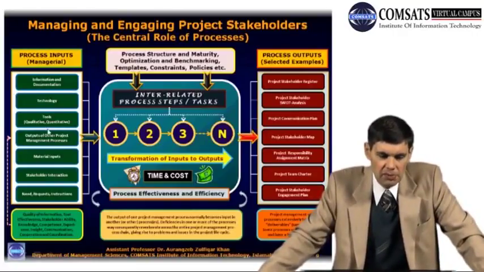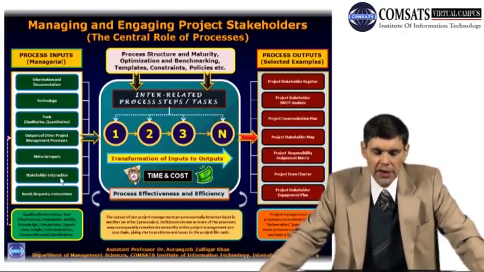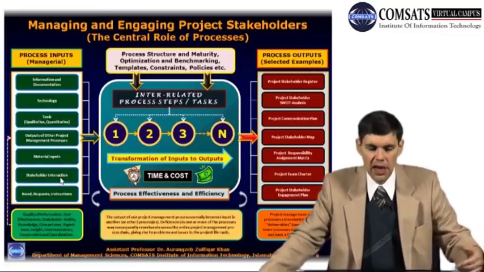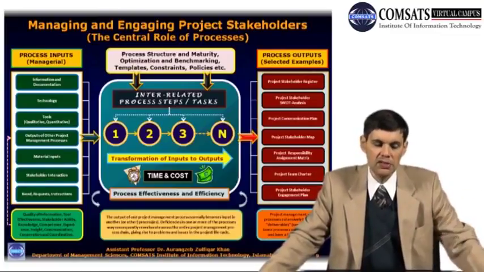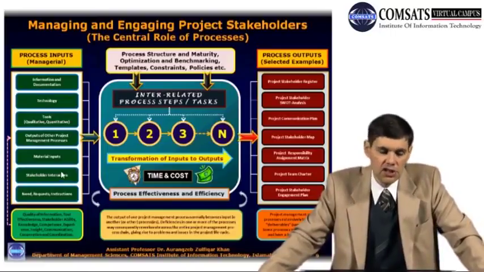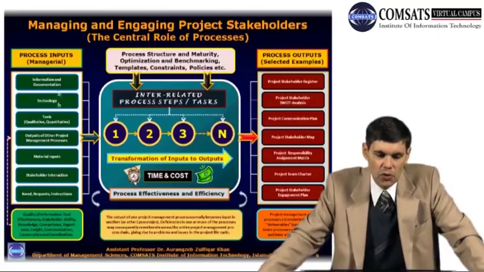All kinds of inputs, material inputs, stakeholder interaction, communication, exchange of insights, exchange of ideas, exchange of knowledge, as well as needs, requests, instructions by maybe clients, by managers, and so forth. All these are inputs.